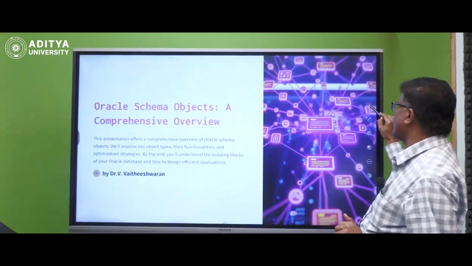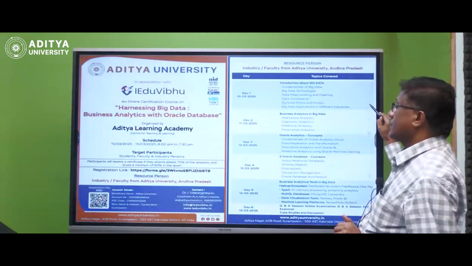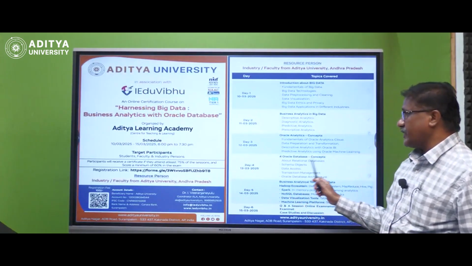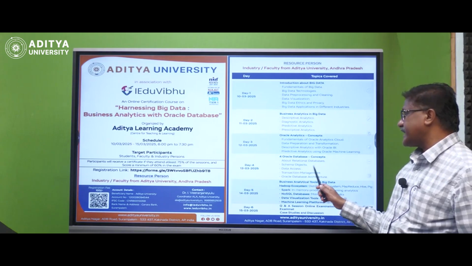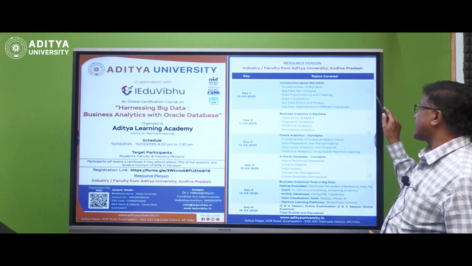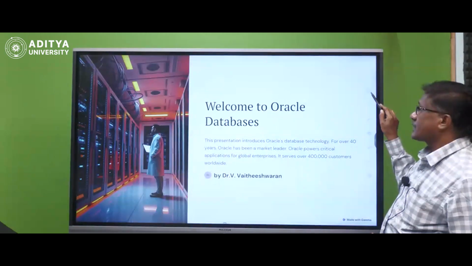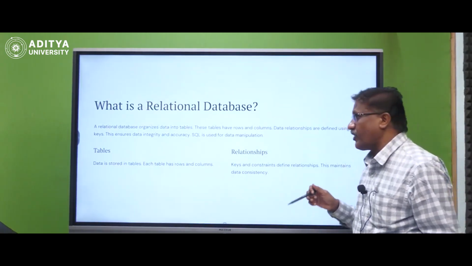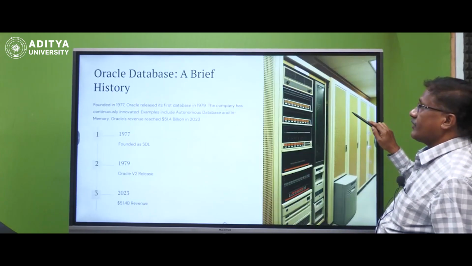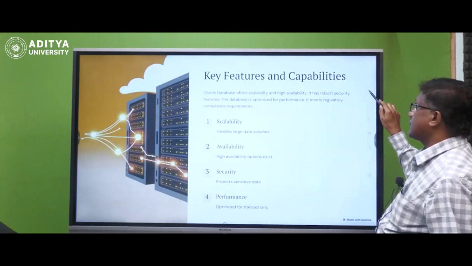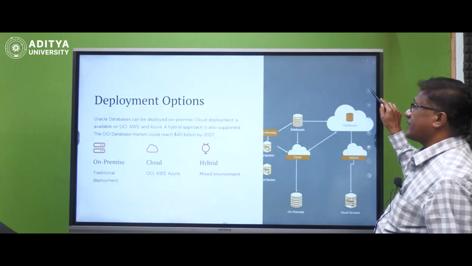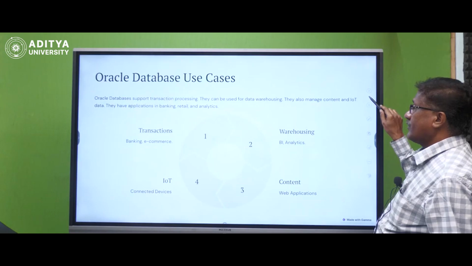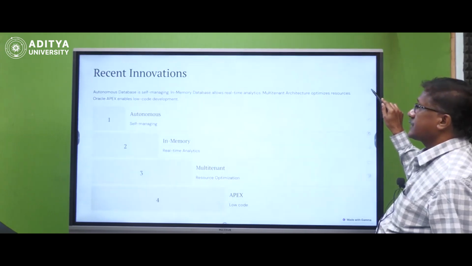Today we divided the session into four parts. The first is relational databases, the second is schema objects, the third is data access and transaction management, and the last is architecture. In Oracle databases we studied what a relational database is, the history, the various database editions, the core competencies and the various use cases.